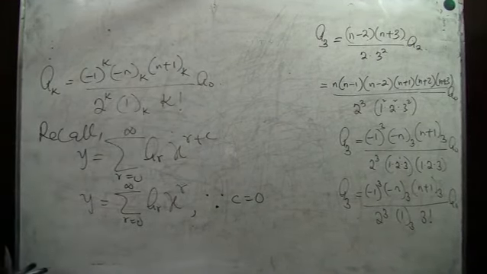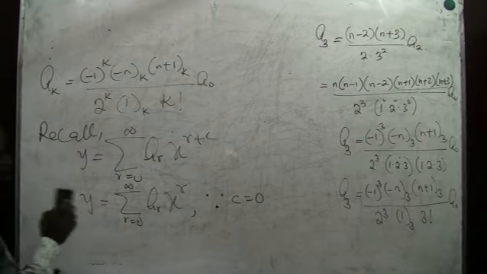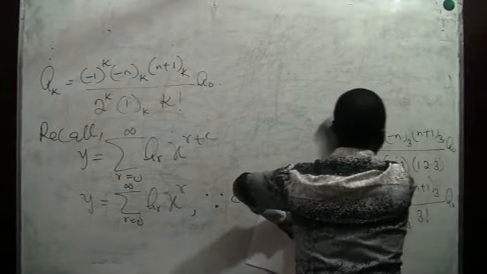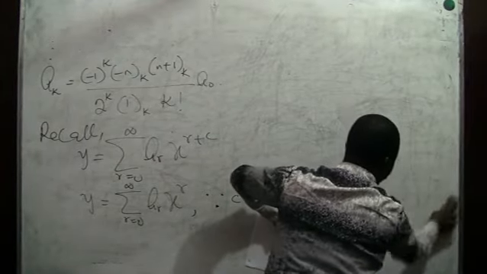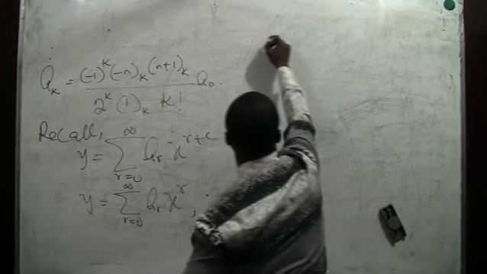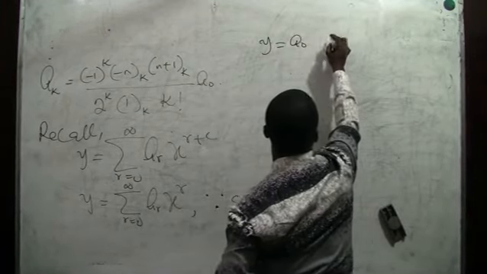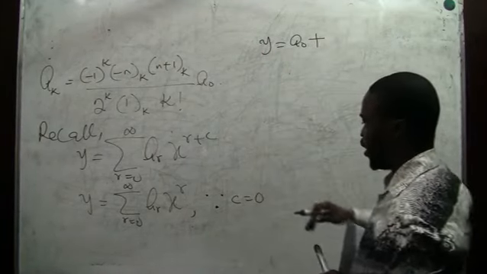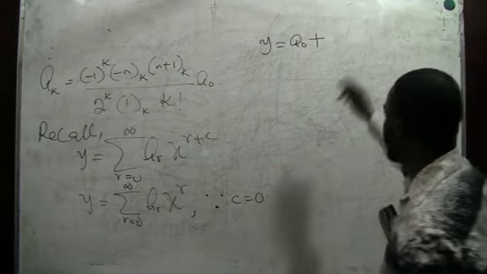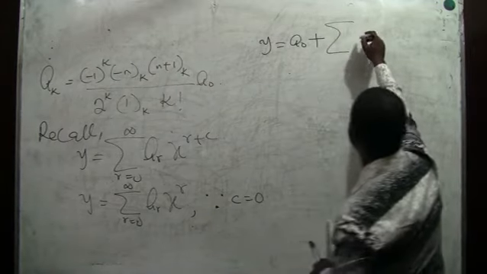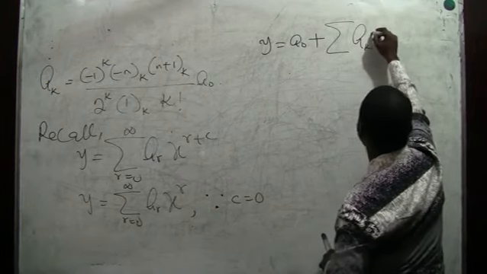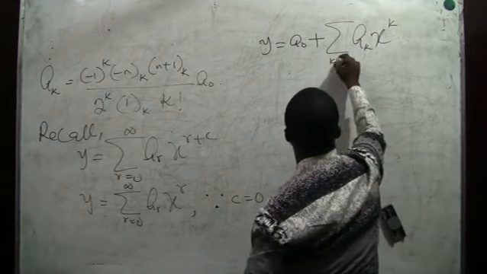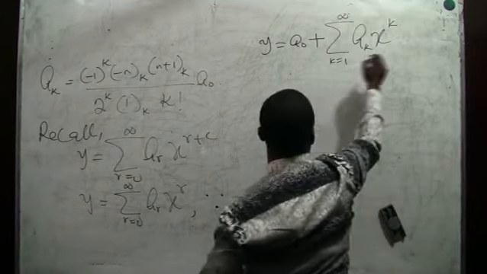Now, in an expanded form, we have a naught to be an arbitrary coefficient. That's an arbitrary value. So in that case, we write y equals a naught plus, from a1 to ak, we generalize everything. So we have this one to become a sub k x raised to power k, k from 1 to infinity.